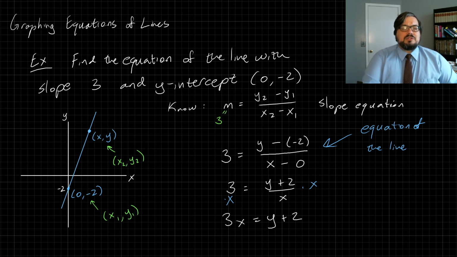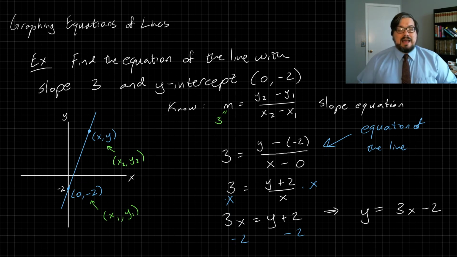And now, in order to see how the graph relates to the equation, I want to subtract 2 from both sides, and I'm also going to switch the order of the equation. So I'll have y equals 3x minus 2.